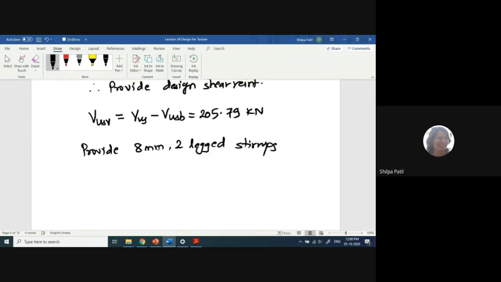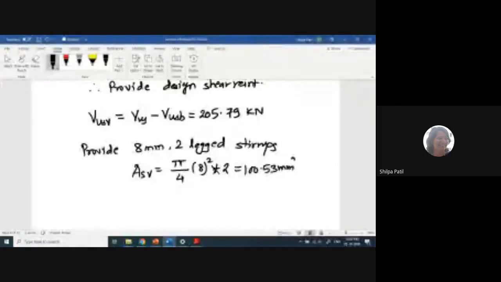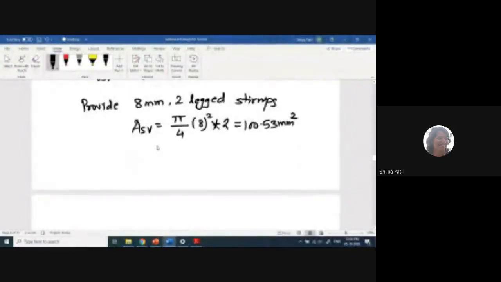What is the area? ASV is pi by 4 d square multiplied by 2 because there are 2 legs. So the area is 100.53 mm square, right?